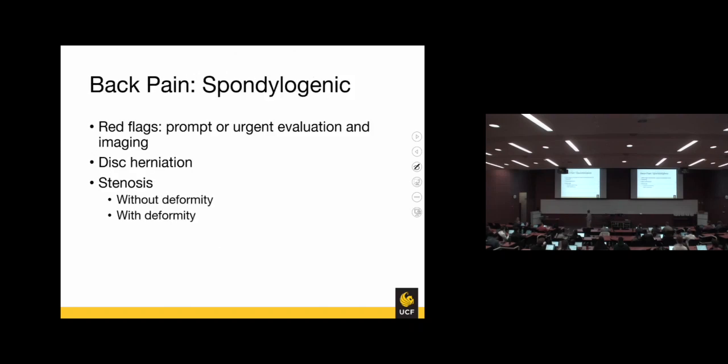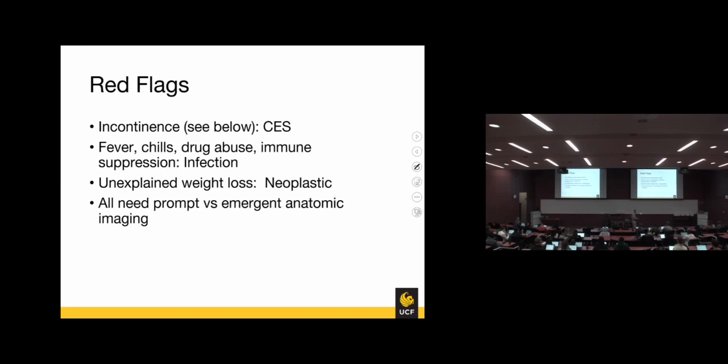All right, what are the red flags? Okay, red flags mean we're going to turn around and do something for this patient quickly because there could be something bad there. A red flag could bring you to things like disc herniation or stenosis, but it can also lead you to infection or tumor. Okay, so what are those red flags?